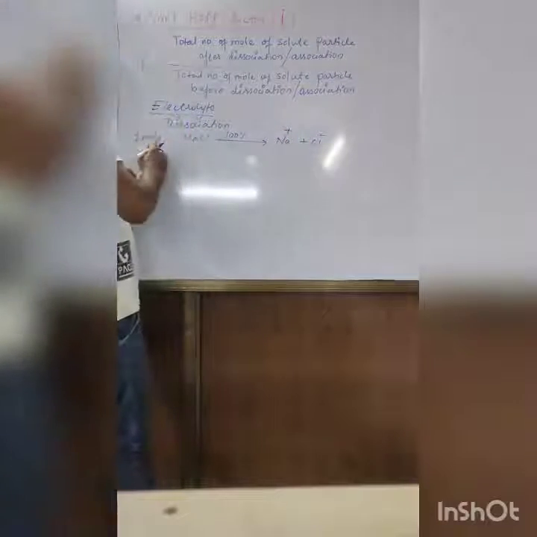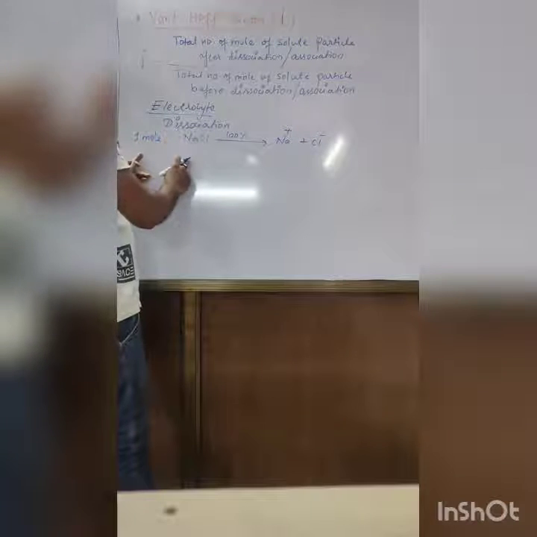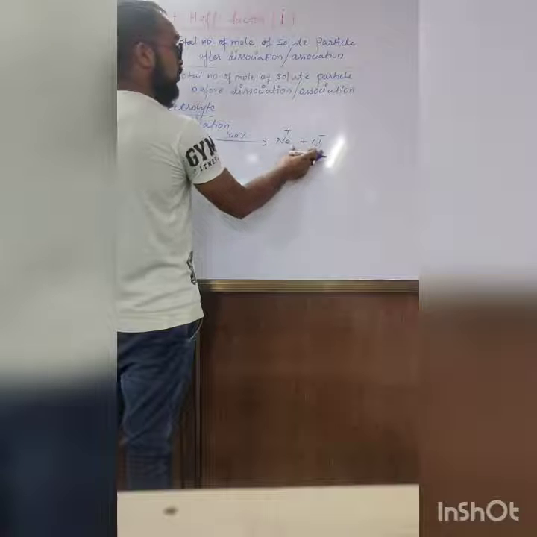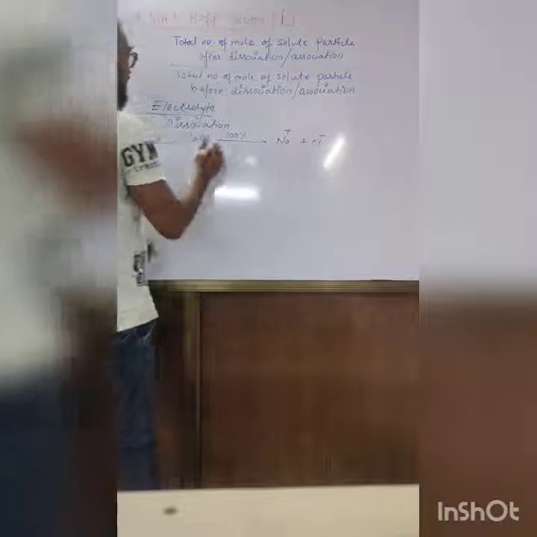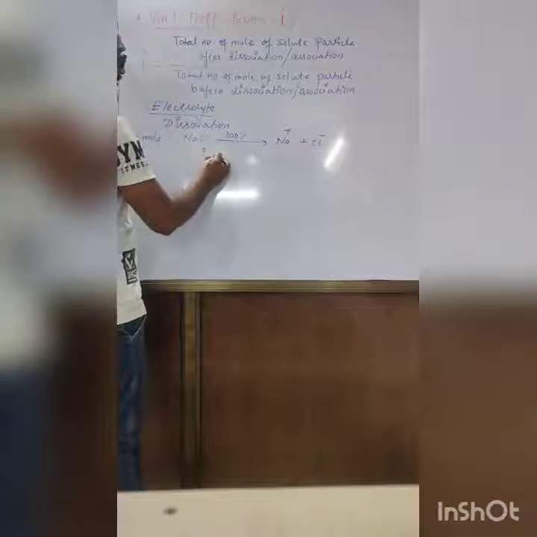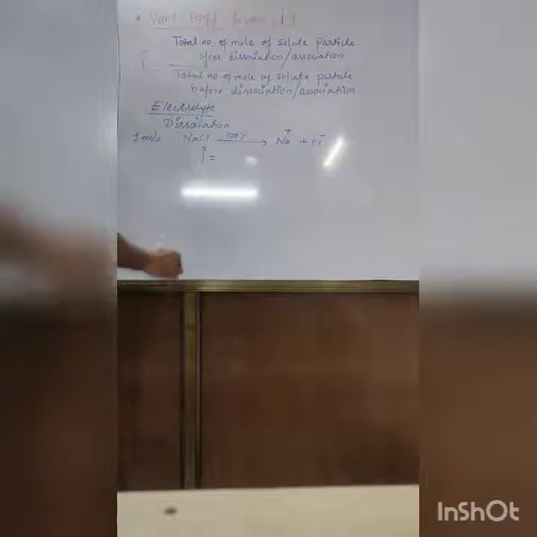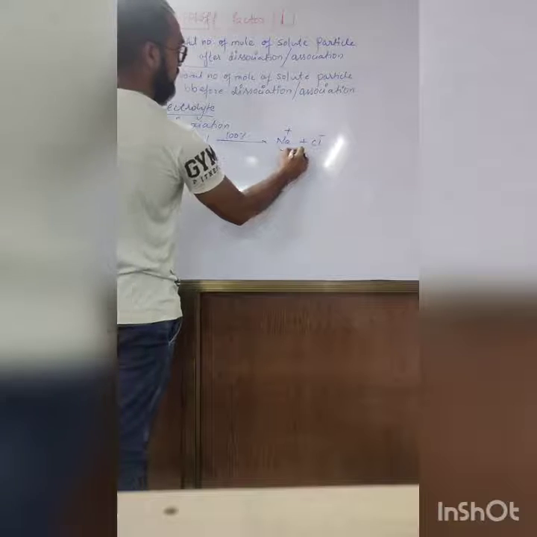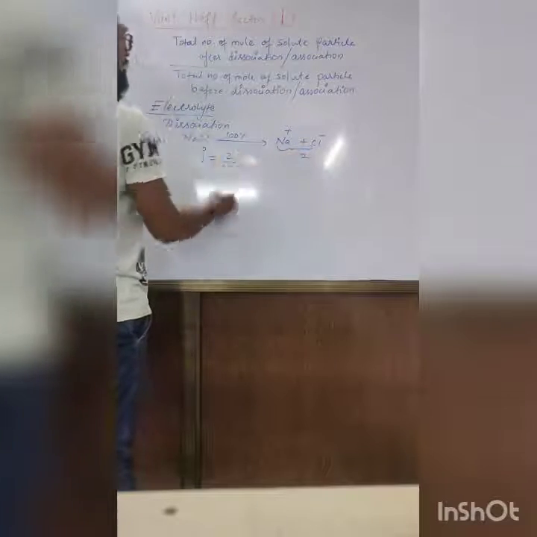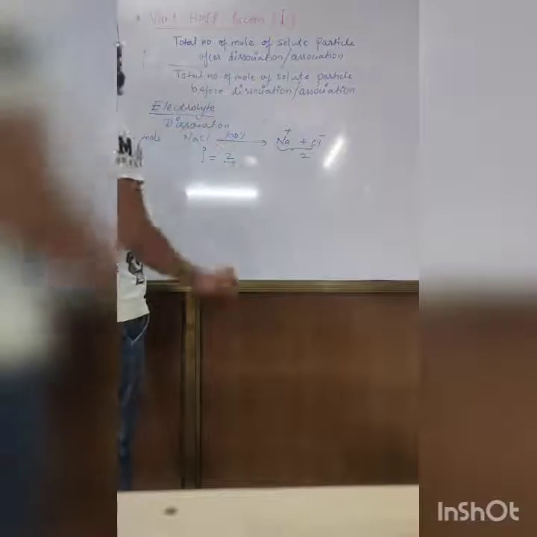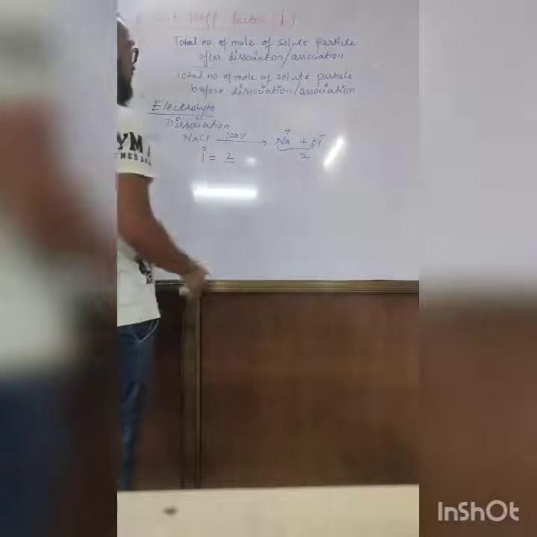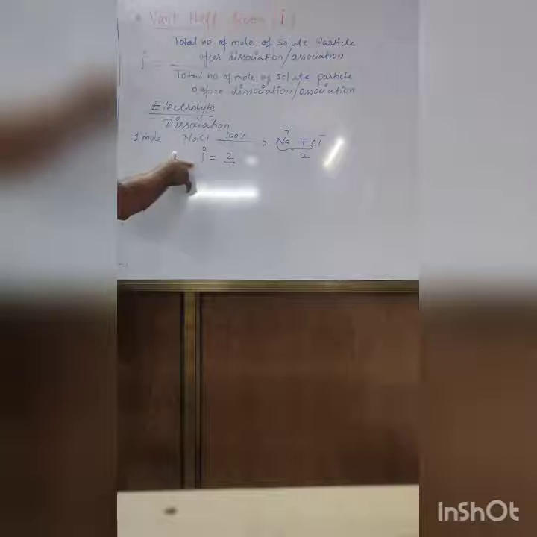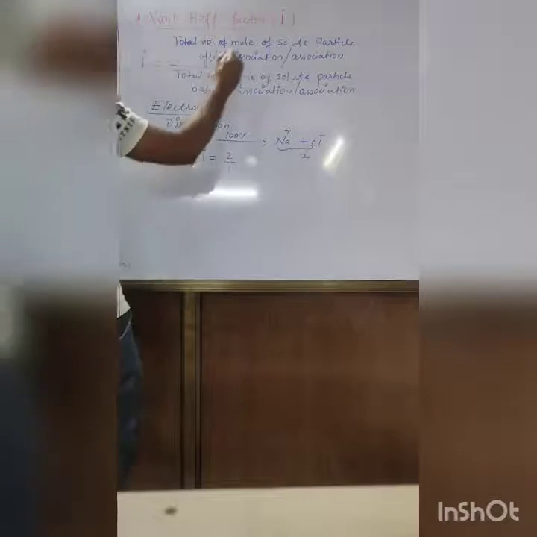So before dissociation it was 1 mole, but after dissociation it converted into 2 moles or 2 particles. So with the help of this we can find out the i value. So total number of moles after dissociation was 2, upon total number of moles of solute particles before dissociation, which is 1.